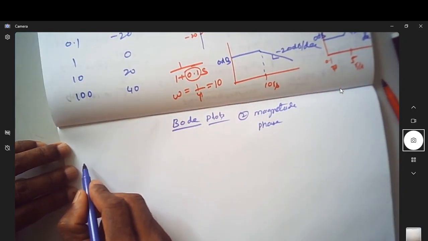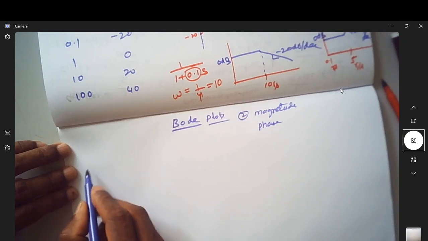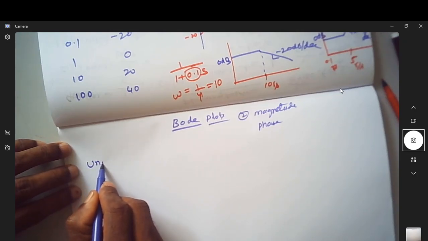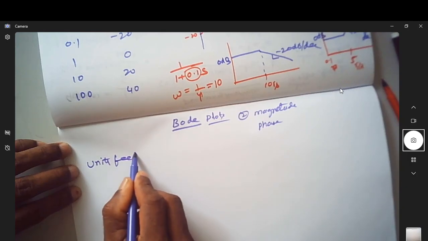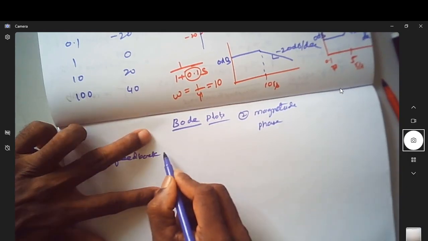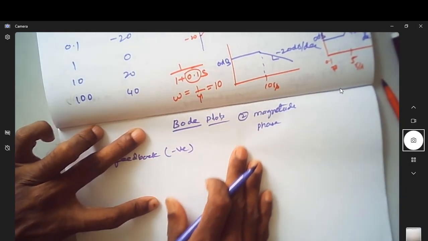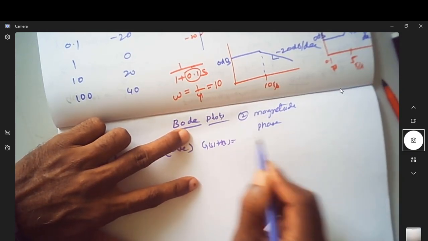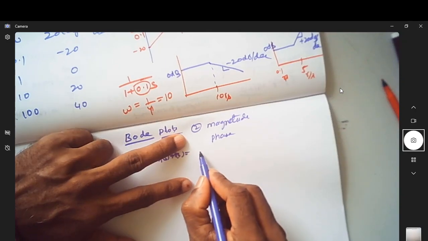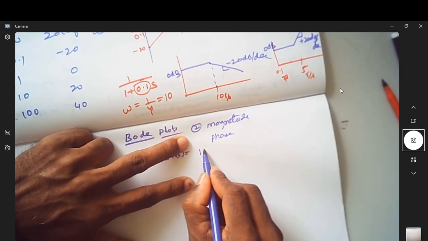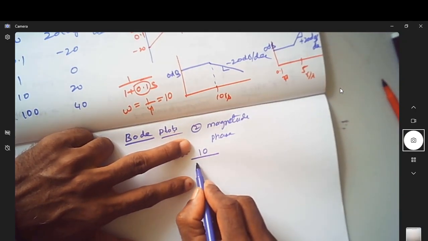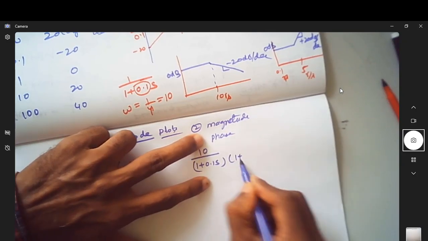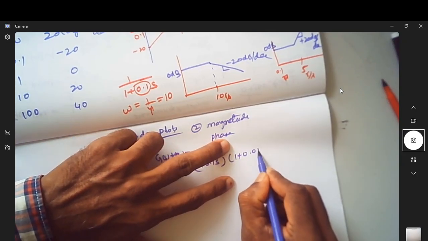Now let us consider a system which is a unity, negative feedback system. Let us assume that its G(s) H(s) in the time constant form is 10 divided by (1 plus 0.1 s) and (1 plus 0.01 s).